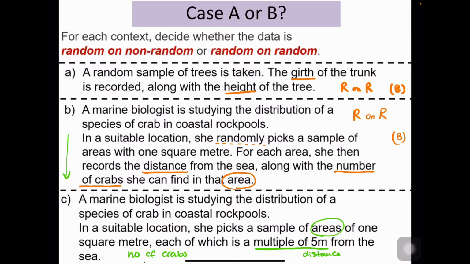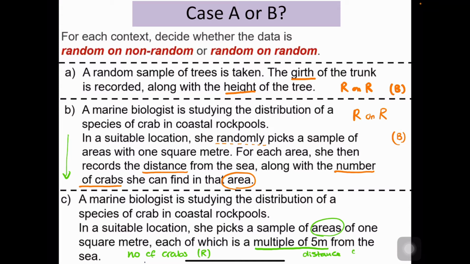Okay, is this random on random or random on non-random? So number of crabs is definitely a random variable. She can't control the number of crabs. Distance, however, as it says here, each of which is a multiple of 5 meters from the sea. So the first one is 5 meters, then it's 10 meters, then she's going to select 15 meters, 20 meters, and so on and so forth.